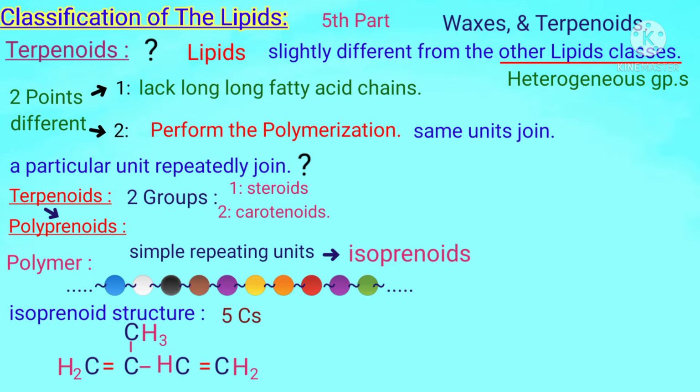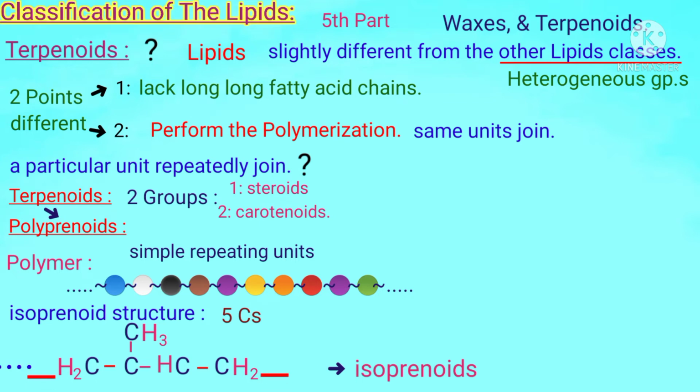Students, now this is our isoprenoid unit that is capable of extending the chain towards both sides. It will break the double bond, and after breaking the double bond it will form a bond with every upcoming isoprenoid molecule, not from one side only but from both sides.